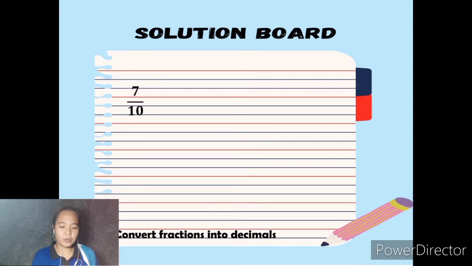So, yung fraction, i-convert natin siya into decimal. So, ganito lang yun para makuha yung decimal form. Yung numerator, i-divide natin siya sa denominator. So, yung 7 over 10 magiging 7 divided by 10 is equal to 0.7. Next is 1 over 20.